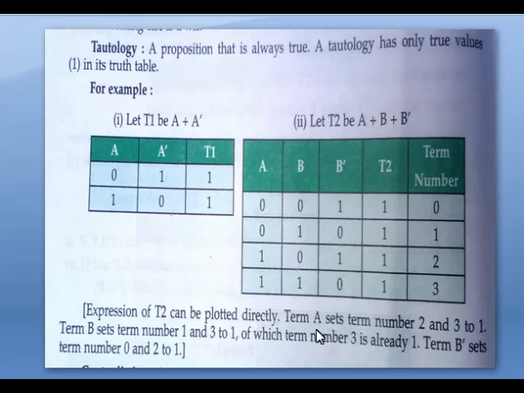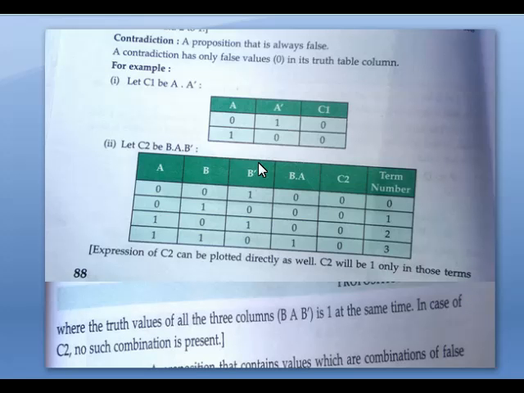Okay. Next one is contradiction. Contradiction means the output is 0. There are no ones. If the output does not have any 0, it is called a tautology. If the output lacks 1, then it is called a contradiction. A proposition that is always false is called a contradiction. A contradiction has only false values in its truth table column.